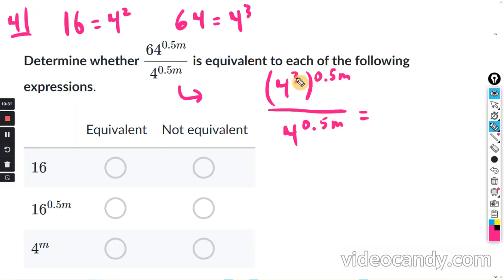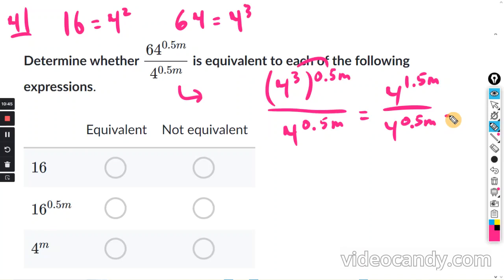All right, multiplying exponents, we have the 4. 3 times 0.5m is 1.5m. That's divided by 4 to the 0.5m. And we have the 4's that match. Subtracting the exponents going down, 1.5 minus 0.5 is just 1. And we still have the m. So it's 1m or just m on the exponent.